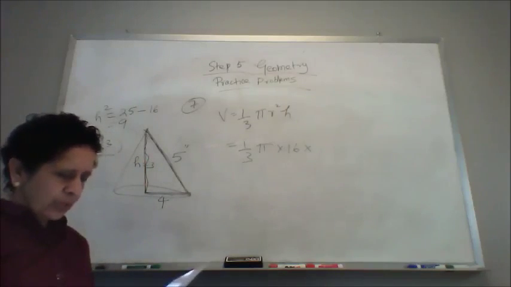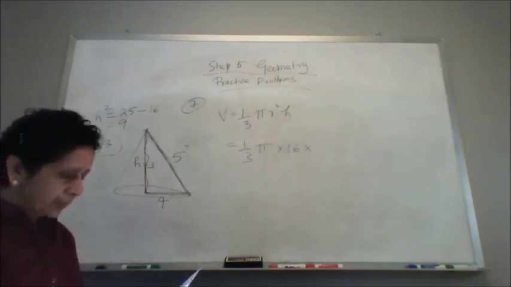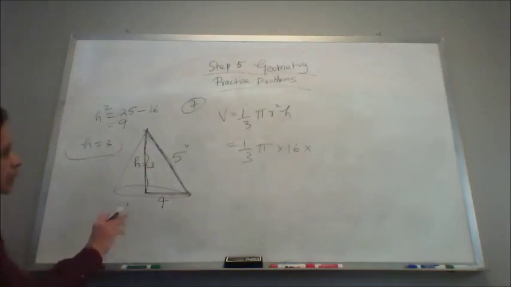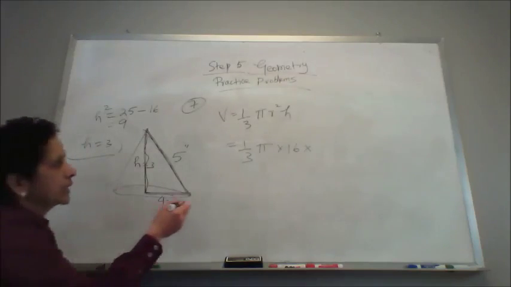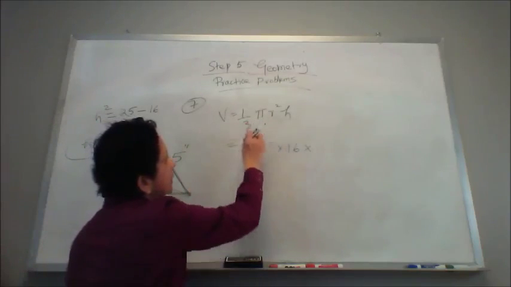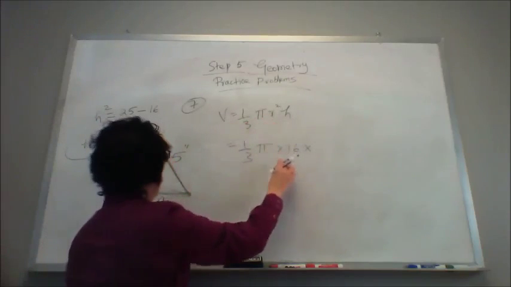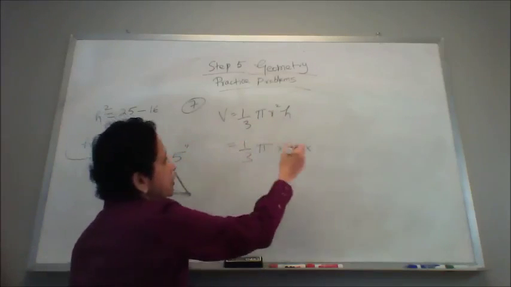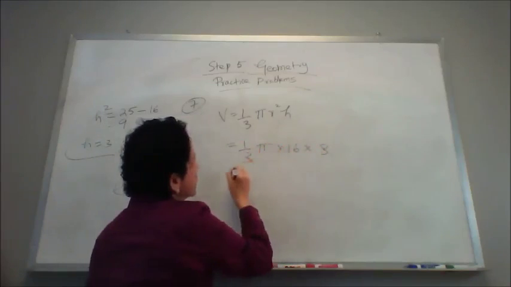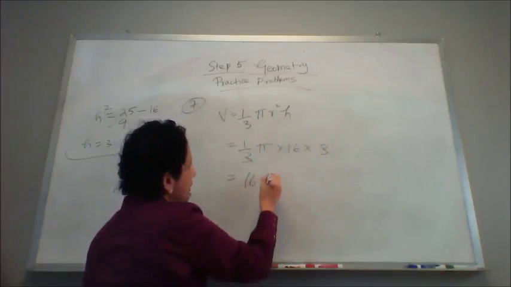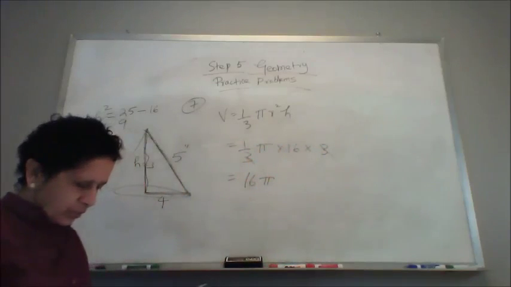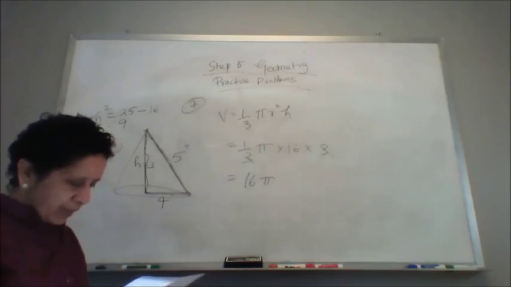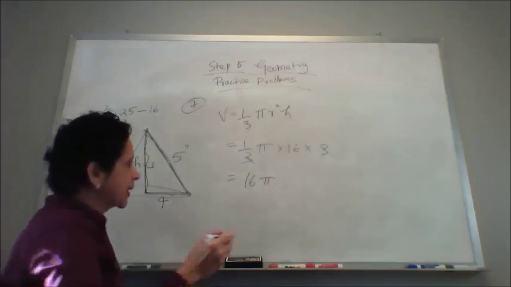So you need to calculate that. Okay. So once you calculate that, then now you can see that 1/3 pi r squared, r is 4, so 4 squared is 16, h is 3, so you figure it out. So it's exactly 16 pi, and that's the answer, 16 pi, and that is in cubic inches.